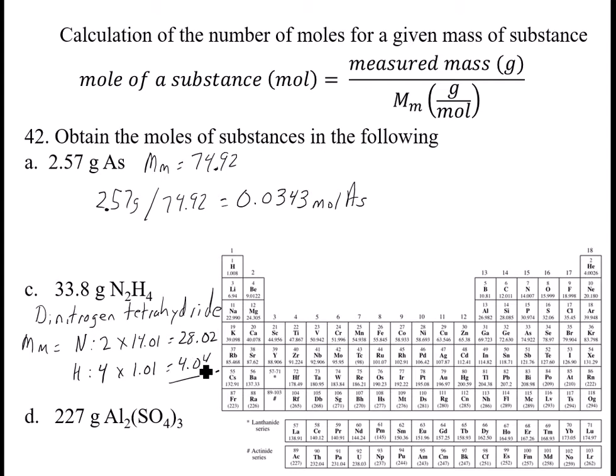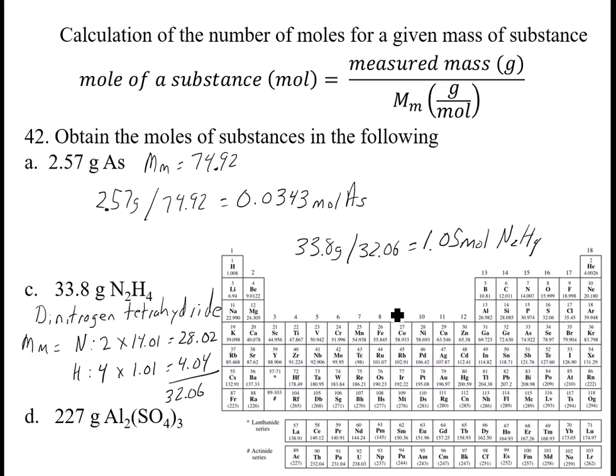So the total for this is 32.06. So I take the 33.8 grams divided by 32.06, and I get 1.05 moles of N2H4.